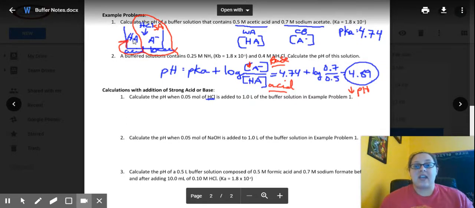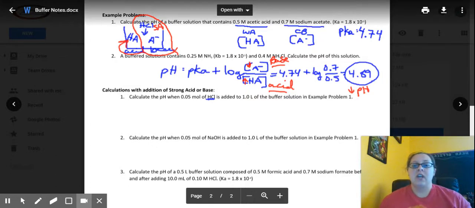This HA is being produced, right? So this HA is going to increase a little bit comparatively. They're going to decrease and increase by the same ratio. So what we can do is just set this up in a RICE chart to figure out what the new numbers will be. And if we know what these new numbers will be, we can figure out our pH by plugging it into that pH formula.